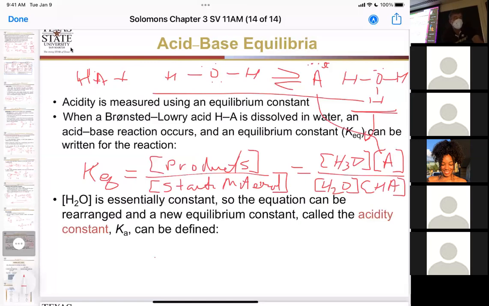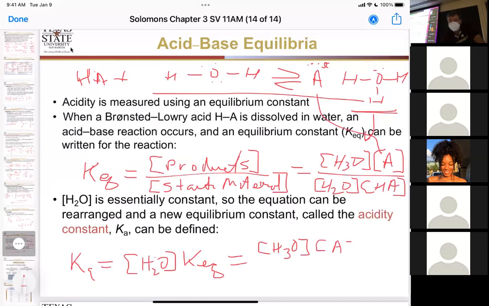And we end up with what we call an acidity constant. The acidity constant is equal to the concentration of water times the equilibrium constant, which is equal to hydronium ion over concentration of the conjugate base over the concentration of the initial acid.